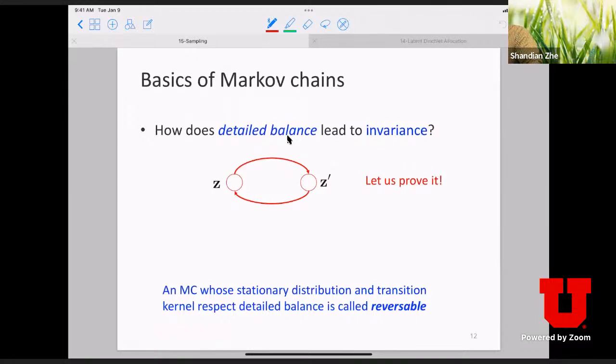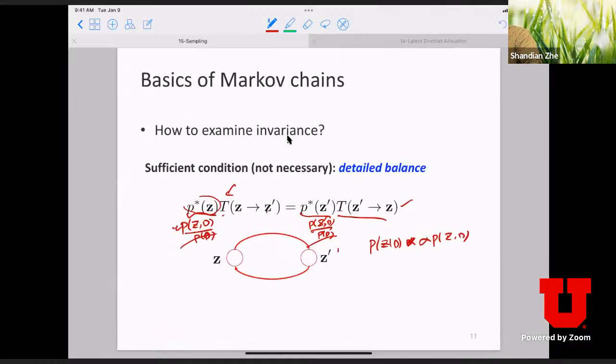Here we want to do a simple practice to show why detailed balance can lead to invariance. But again, I want to emphasize that this is a sufficient condition. So you can use that to check if your transition kernel satisfies this. It guarantees convergence to P star.